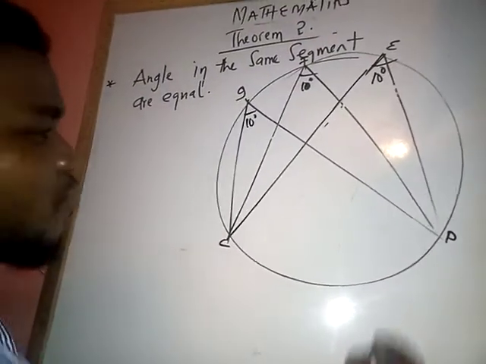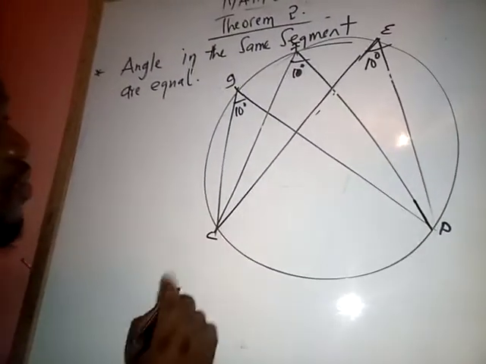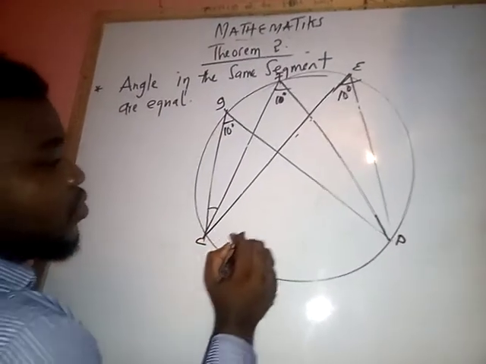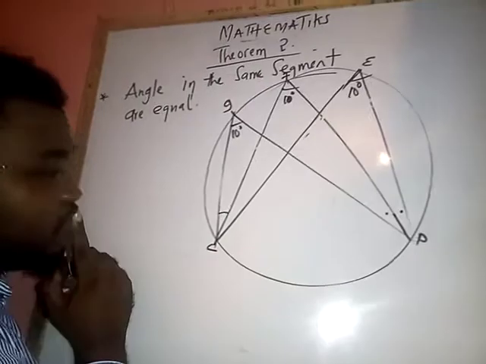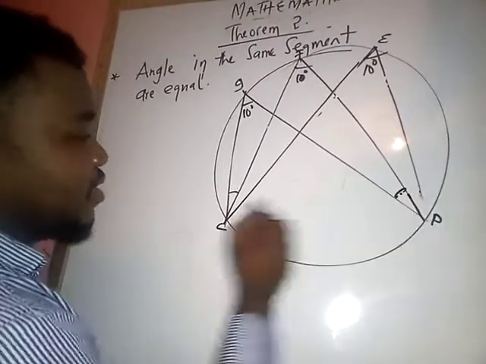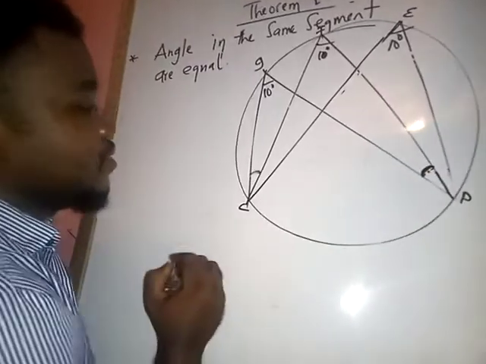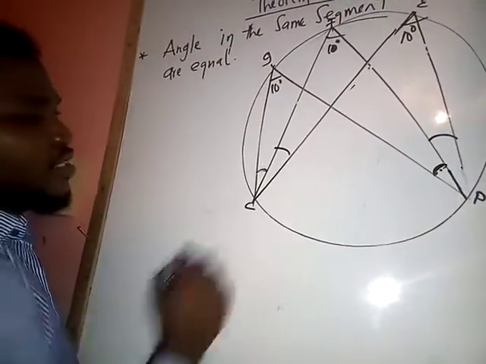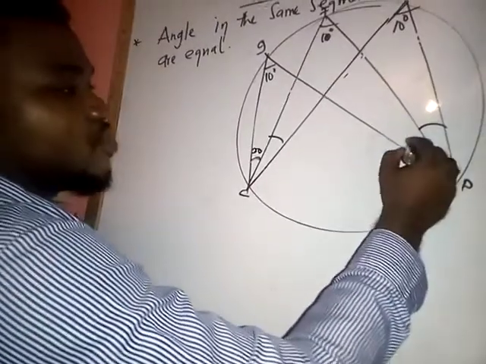Now guys, there's something I want you to observe here. This is where the law is. This angle is equal to which angle? Is it here or here? It can be here. Here equals here. Therefore, here equals here. Do you see? So if here is 20, here is 20.